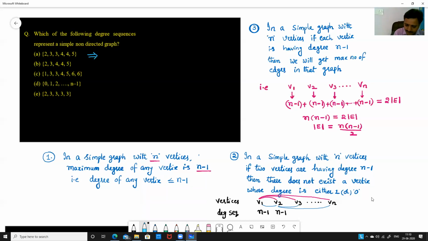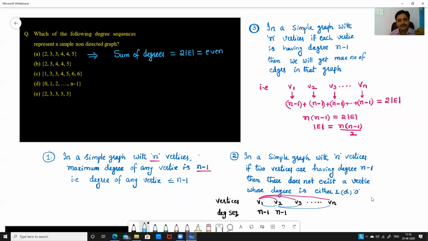We know that the sum of degrees of all vertices must be 2 times the number of edges. 2 times anything is an even number. Please remember that point.